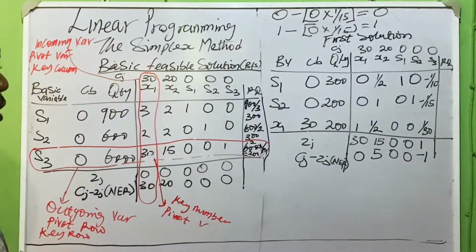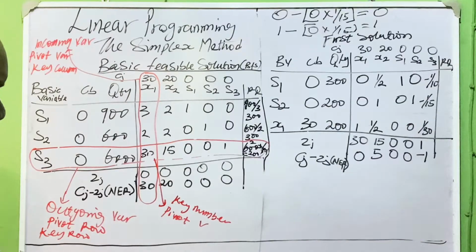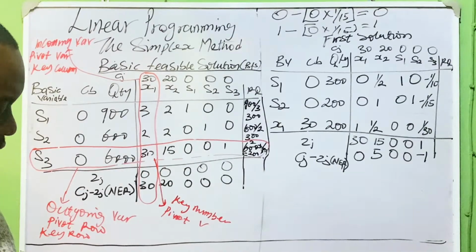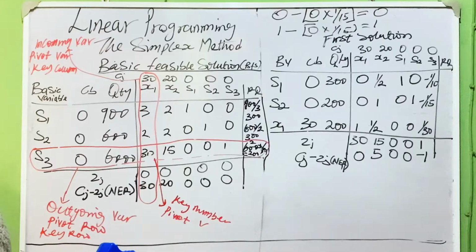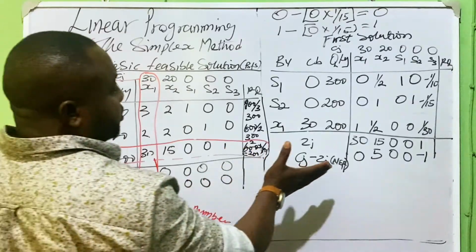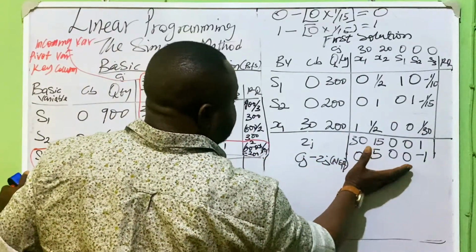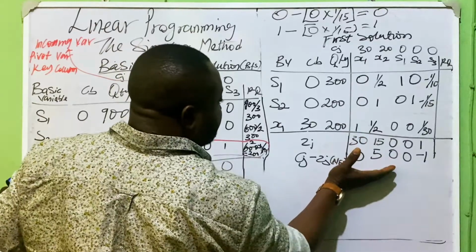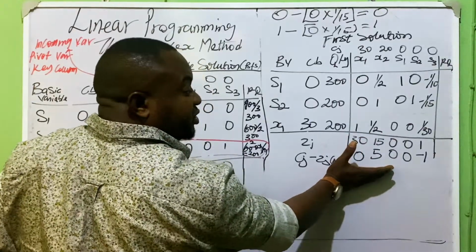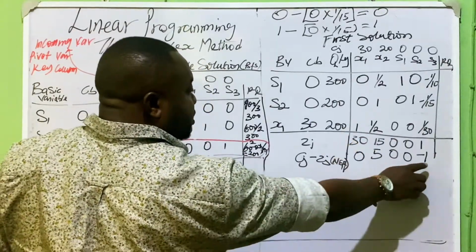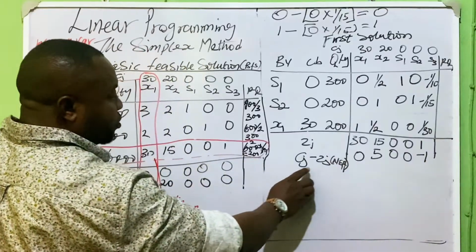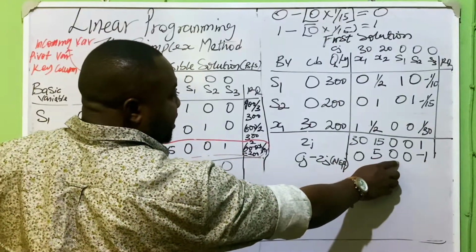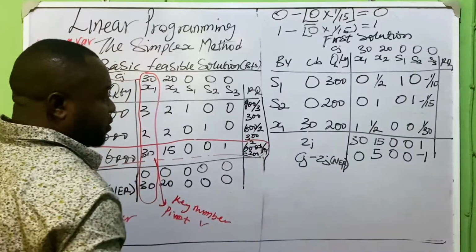So we have established that the guide is that you attain optimality for a simplex maximization problem when all the values in the net evaluation row are either negative or zero.